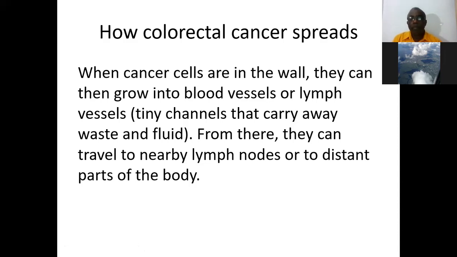And for some people, like in developed countries, if they catch it at stage 1, we will show you the different stages. If they catch it at stage 1, after 5 years more than 95% of the people would still be alive. And if they die, it would not be from the cancer.